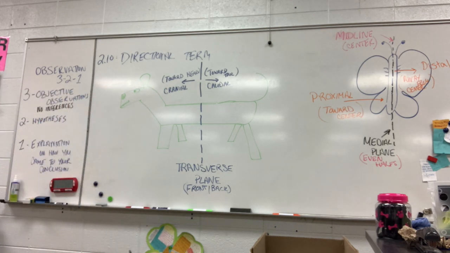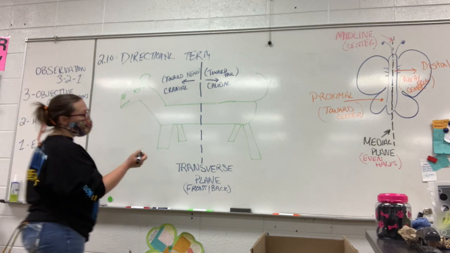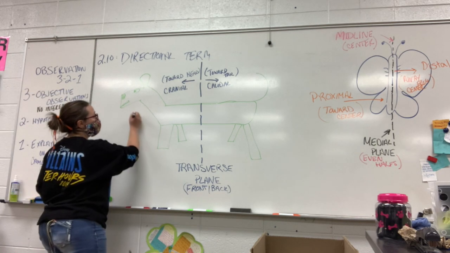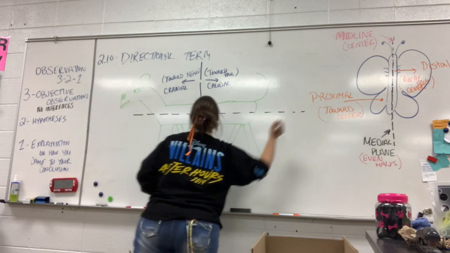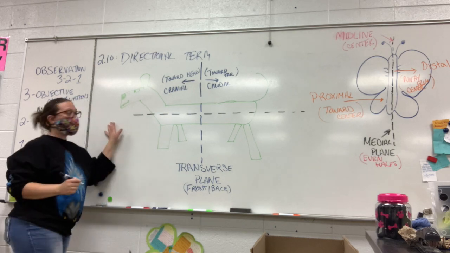Now, unfortunately, I'm going to cut Harry again. I'm going to cut him into a top and a bottom. Okay? So I'm going to cut him into a top and a bottom.